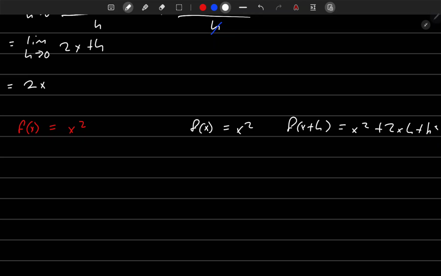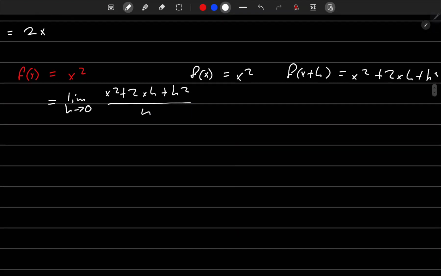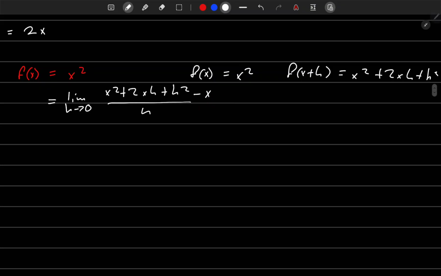What I'm trying to point out is, if I solve this, this is going to be the limit as h approaches 0. This is supposed to be on one line anyway; I'm just using two lines because the whole thing won't fit on one line. So this is f of x plus h, x squared plus 2xh plus h squared, all over h, and then minus x squared.